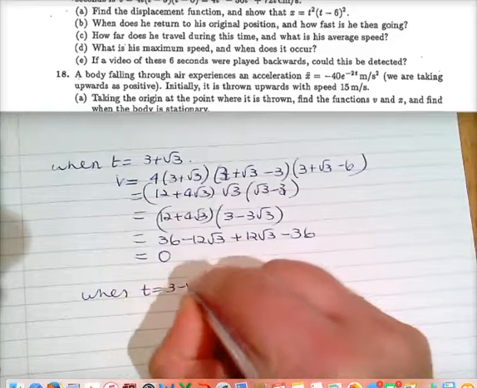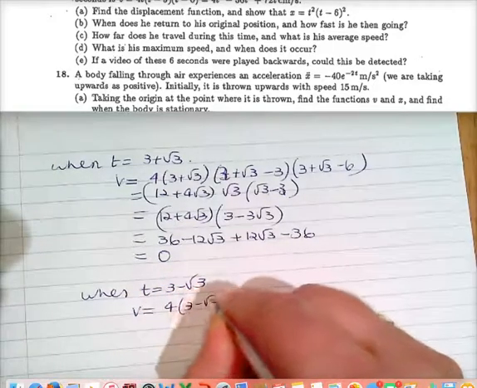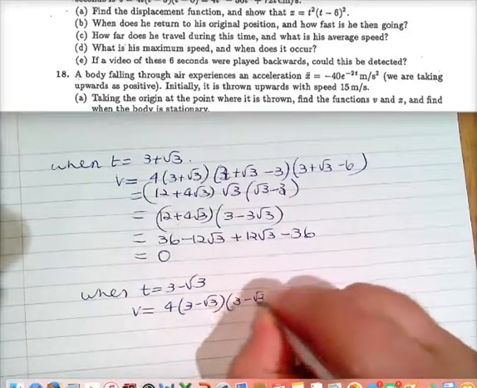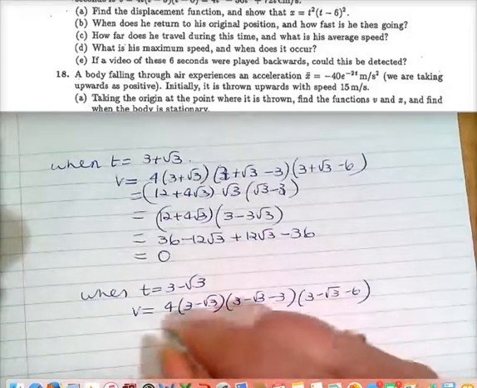And when t is 3 minus root 3, we get velocity is 4 times 3 minus root 3 times 3 minus root 3 minus 3 times 3 minus root 3 minus 6.